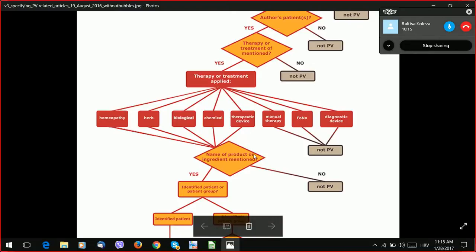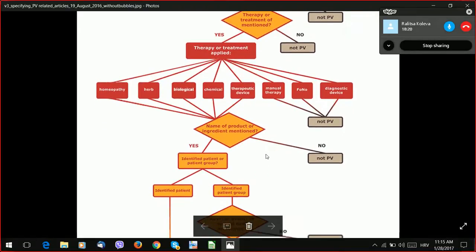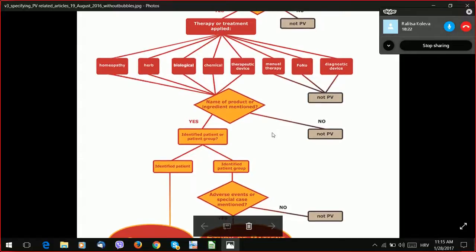So now we are at this step in our flowchart. That means that the substance name, ATC7 substance, or a brand has to be mentioned to be specific enough to record the item in our config database. In the case of therapeutic devices, the mention only implies recording if it's a brand name.